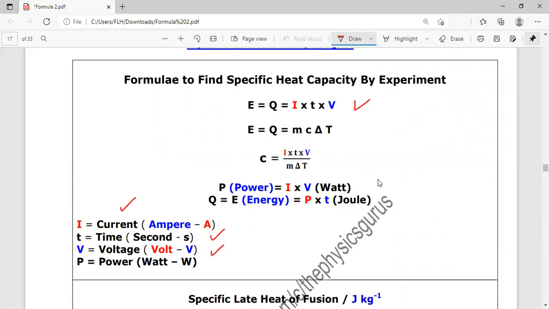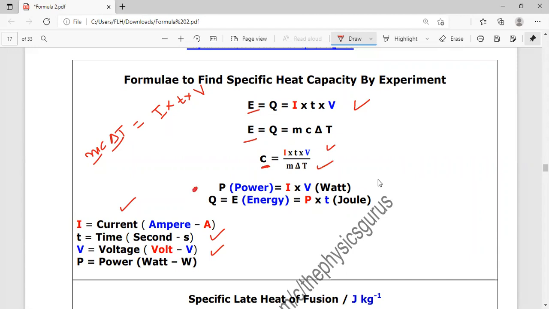Then E is equal to Q is equal to MC delta T. Their left sides are equal, so therefore their right sides will also be equal. Then MC delta T is equal to I into T into V. These two quantities are being multiplied over here. On other sides, these will be divided. Then formula of specific heat capacity will be I into T into V divided by M delta T.